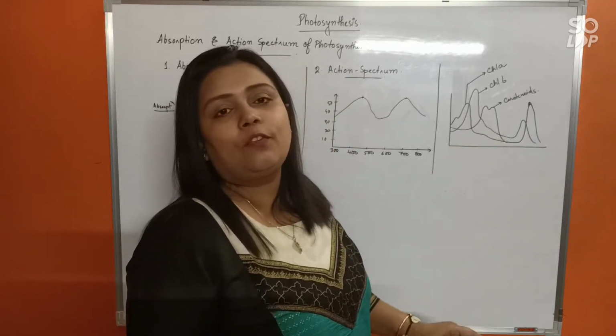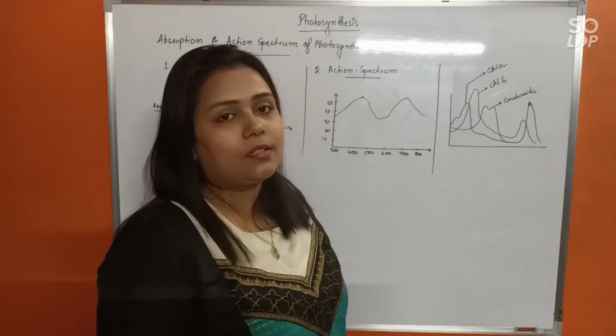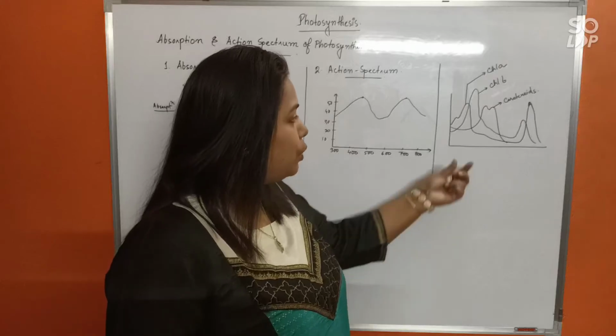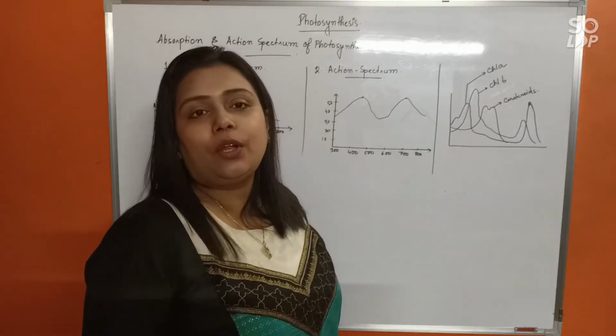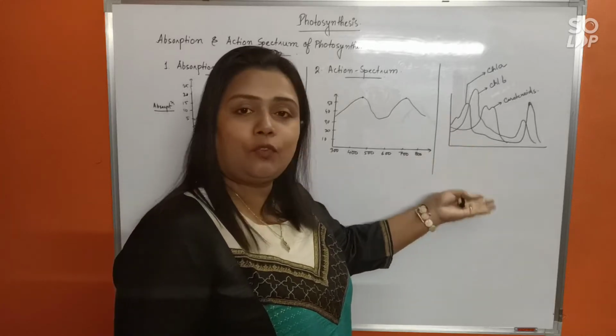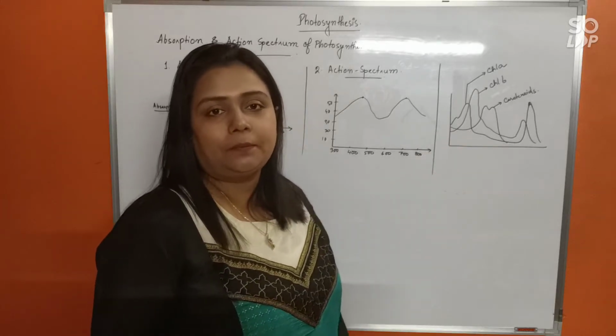It will not be absorbing the red light at all. Understood this? Clear? The bluish green zone is the zone where carotenoid pigments will be absorbing the most. At the rest of the wavelengths, it will not be absorbing.